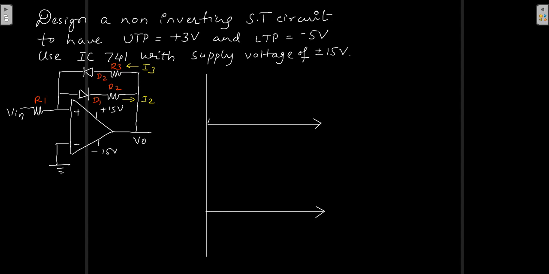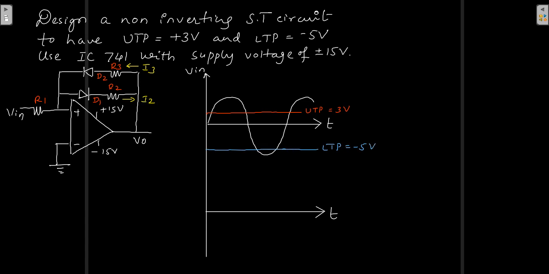Let me draw the input signal something like this. V in versus T. UTP is 3 volts, so I will have UTP equal to 3 volts. Your LTP is minus 5 volts, so let me have it a little bigger, minus 5 volts.